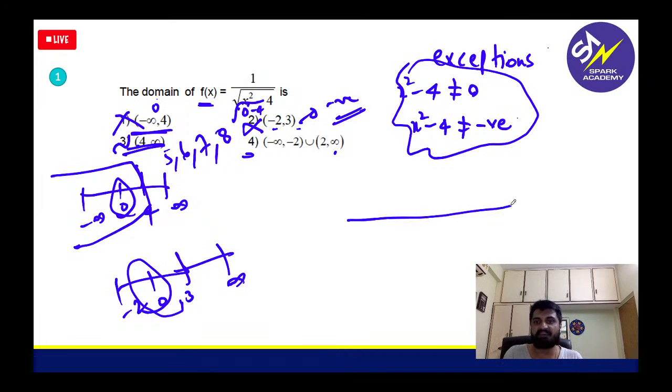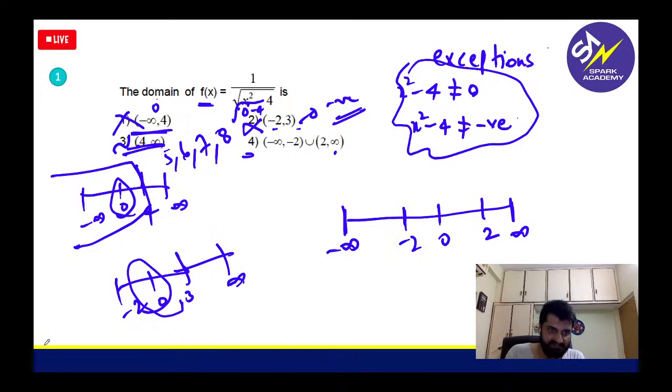Now look at the fourth option. What did they say? Now we will try to understand what this union means. The fourth option is saying, on the number line from minus infinity to infinity, this is 0, this is minus 2, this is 2.